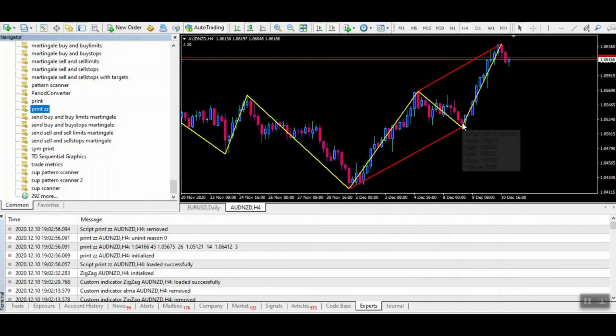And here's B and here's C. The difference in price between B and C is roughly 80% of this line. And the difference in price between here and here is 120% of this line. And if you looked into Fibonacci numbers, you'd understand what that is.